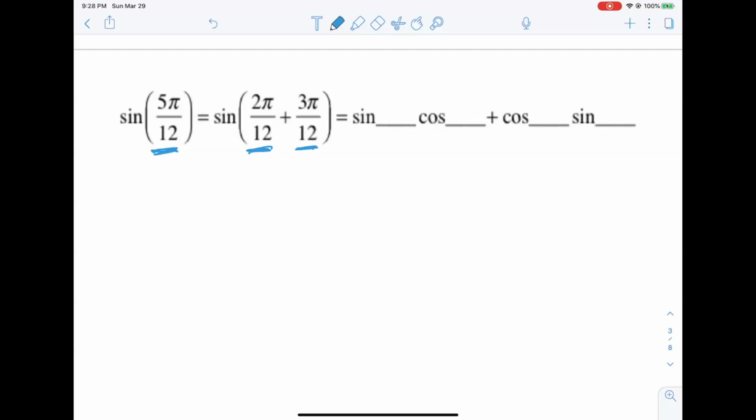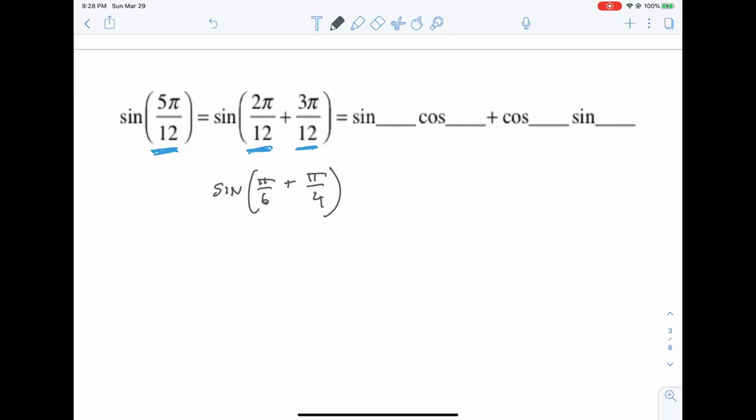Now, why did I do that? Because the sine of 2 pi over 12, when it reduces, becomes pi over 6. And 3 pi over 12 reduces to pi over 4. All right?